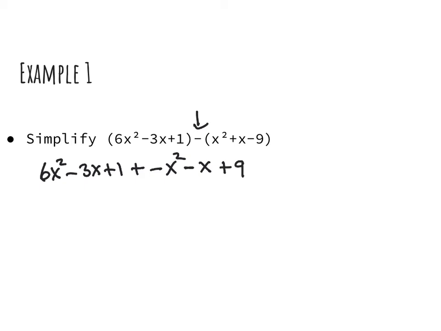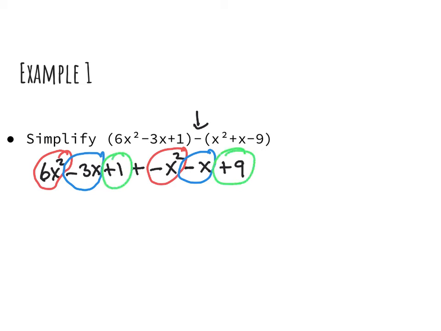We then combine the like terms. So 6x to the second and negative x to the second are like terms. Negative 3x and negative x are like terms. And positive 1 and positive 9 are like terms.